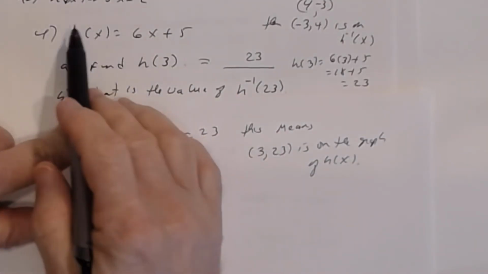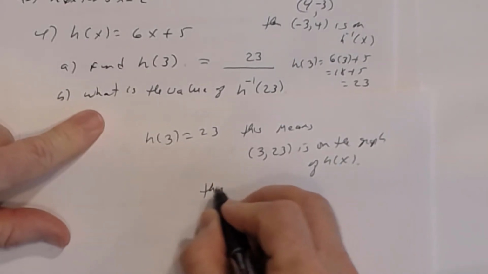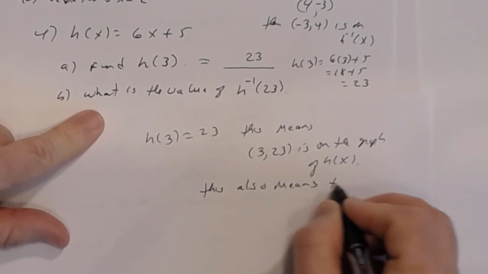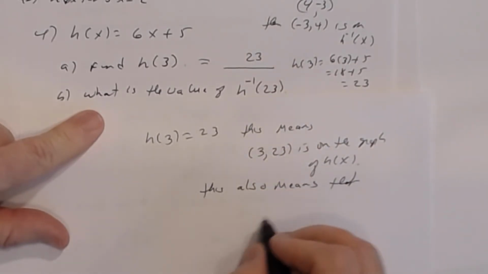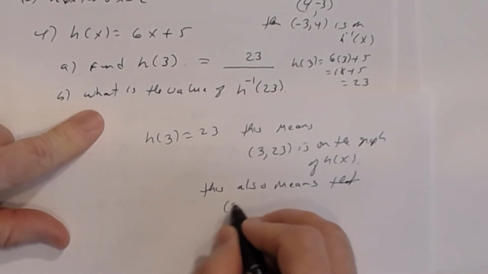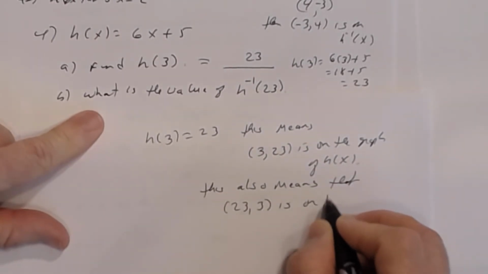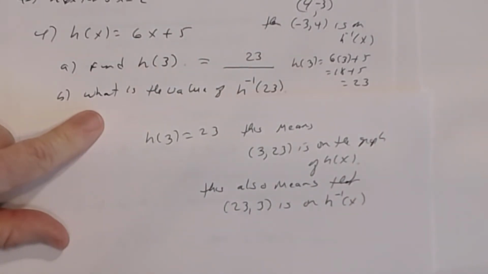Since h of x has an inverse, this also means that (23, 3) is on the inverse, h inverse of x.